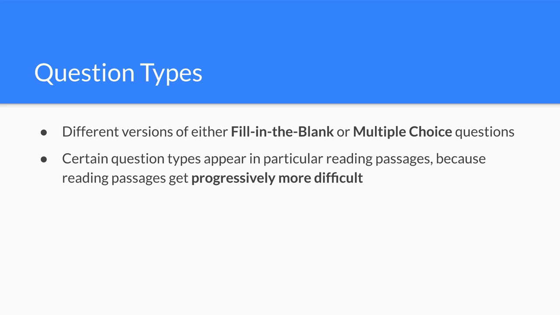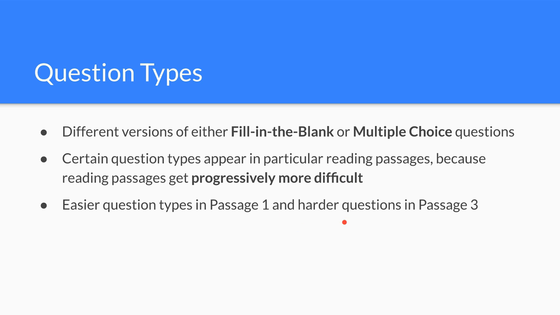Because of this structure, you're going to see questions at different levels of difficulty as you progress through the test. So there are going to be certain questions that only appear in reading passage number 3, but not necessarily in reading passage number 1. This doesn't always happen, but oftentimes this is what happens.